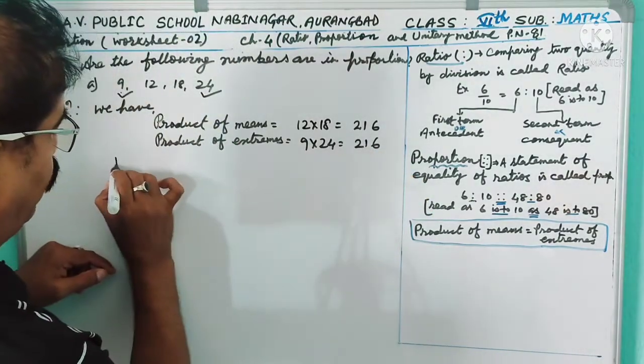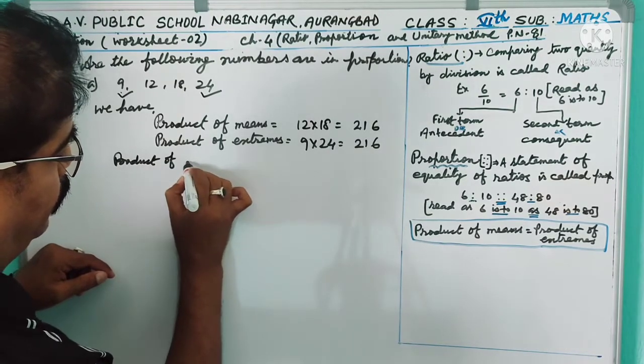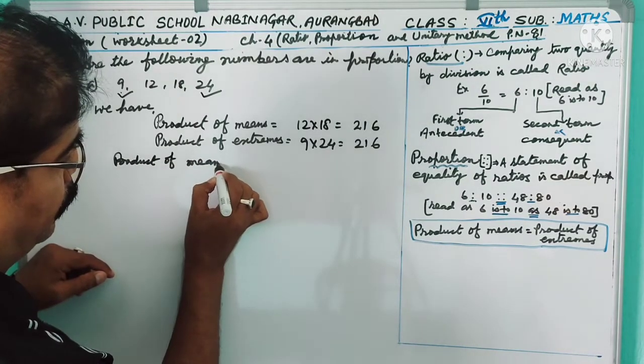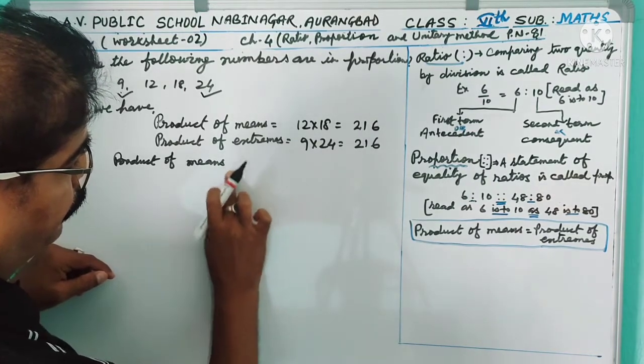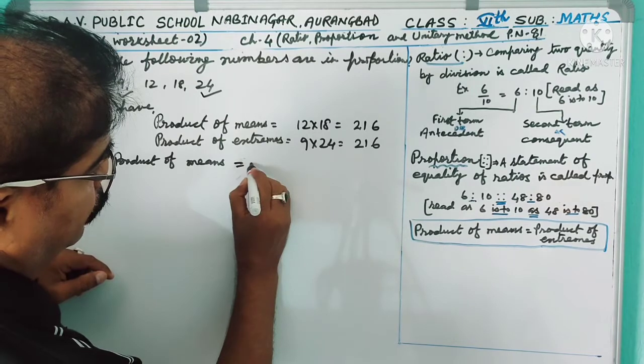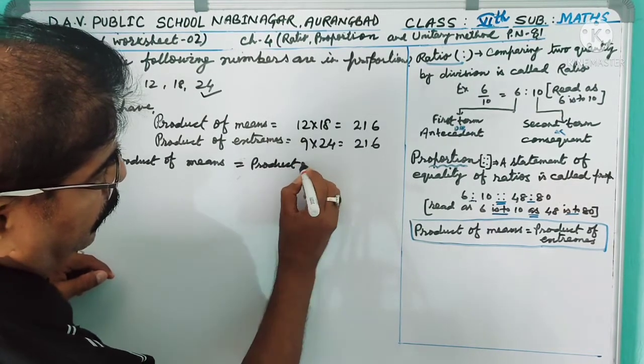So the product of means is equal to the product of extremes.